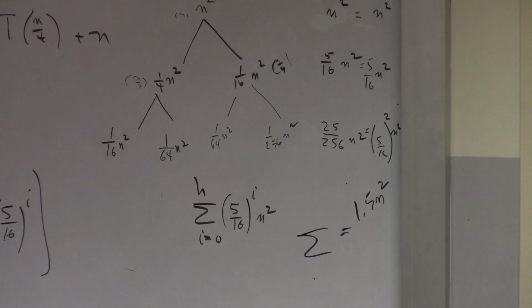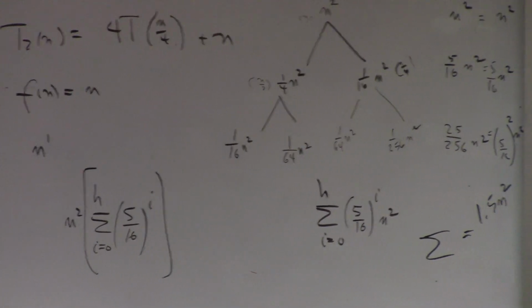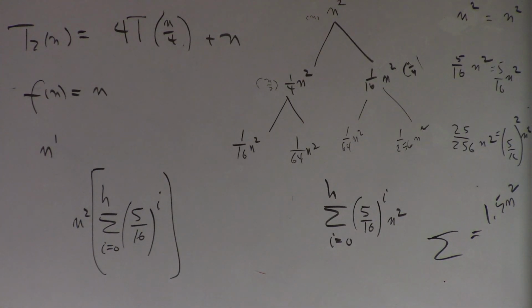I want to know whether we have achieved some knowledge about the complexity of this algorithm, even though it's not suitable for the master theorem. Could this algorithm have a complexity less than n squared? No, we already established that. It cannot be less than n squared.